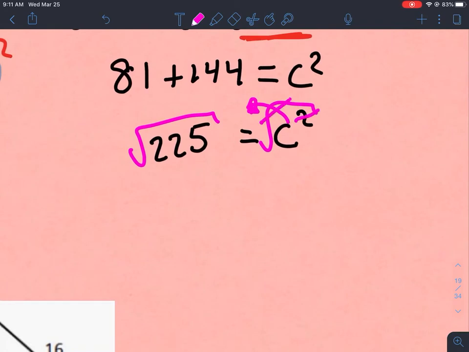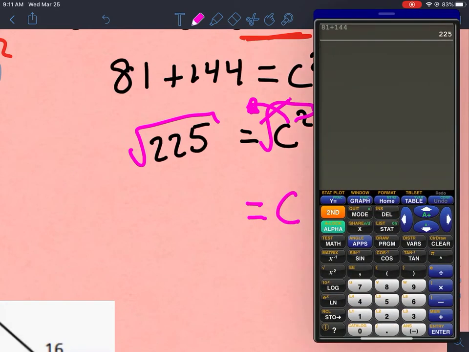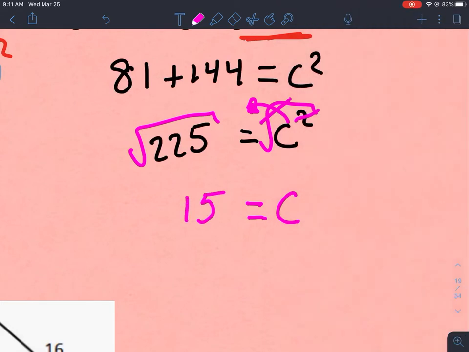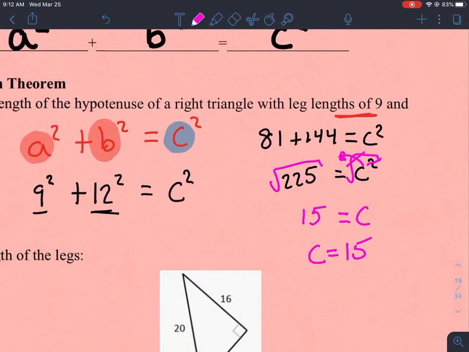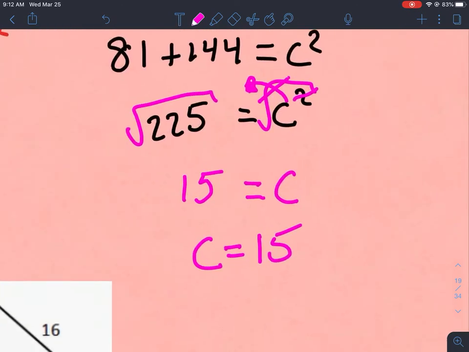So I've got the square root of 225, and we know this is going to end up being c. You can just use your calculator here, and the square root of 225 comes out to be 15. So c, the hypotenuse, is 15, and we're talking centimeters.